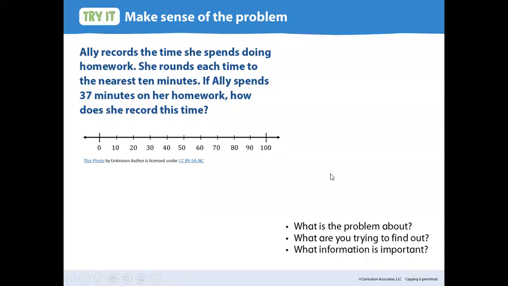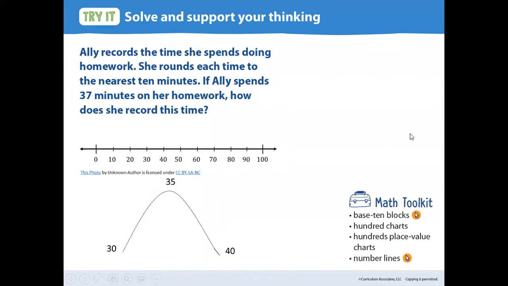Now let's solve the problem. Again, Allie records the time she spends doing homework. She rounds each time to the nearest 10 minutes. If Allie spends 37 minutes on her homework, how does she record her time?